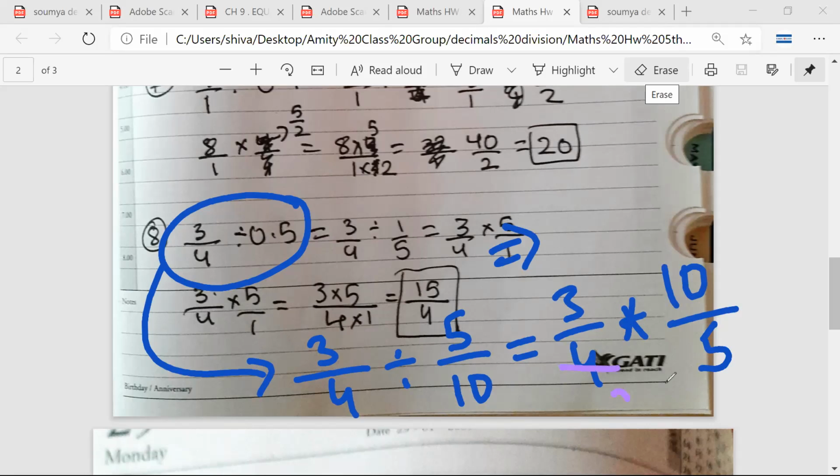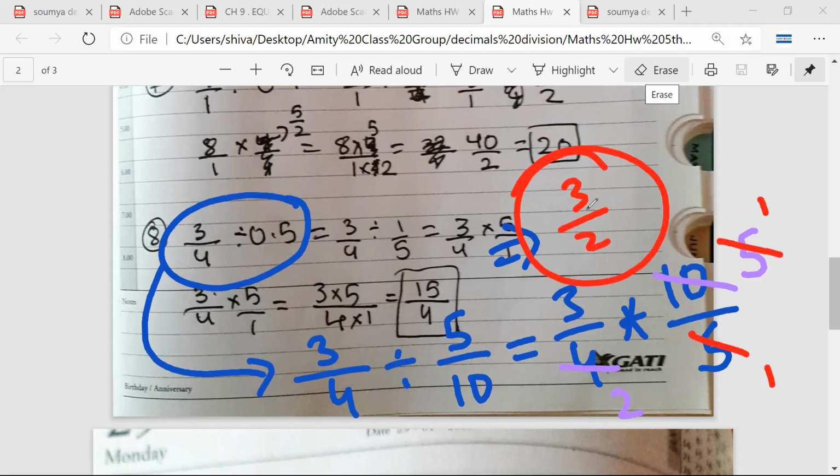So 2 twos are 4, and 2 fives are 10, and 5 and 5, which is equal to 1. So the answer is 3 upon 2. Shabash. Aishwarya ji, any doubt? No, sir. Tanvi ji, any doubt? No, sir. Shabash.